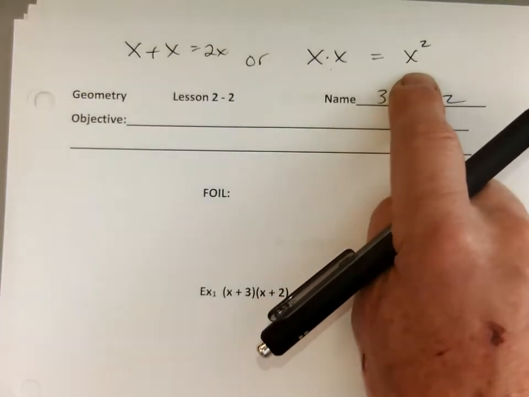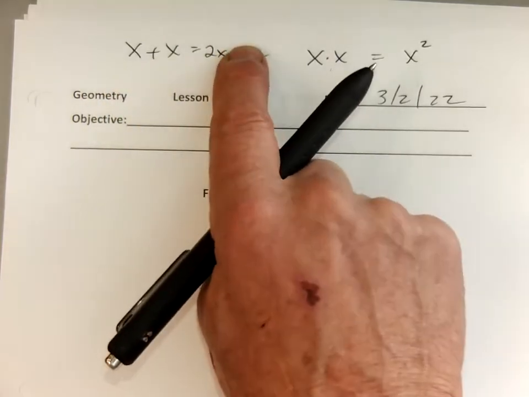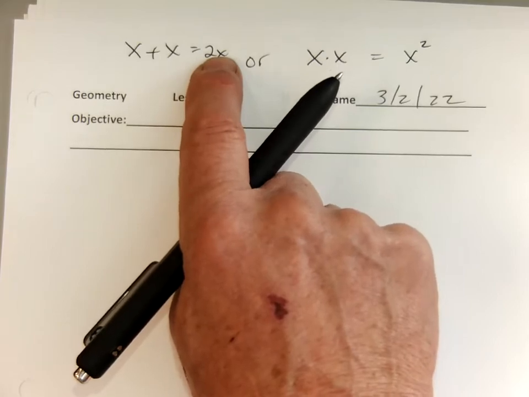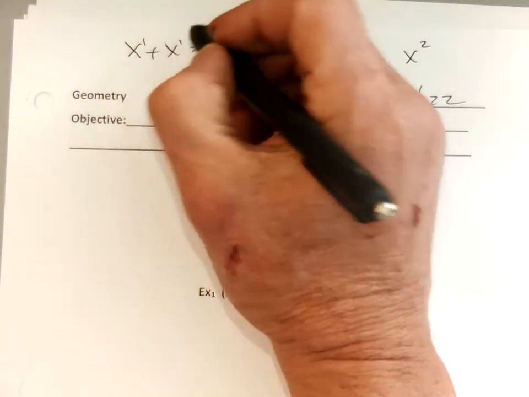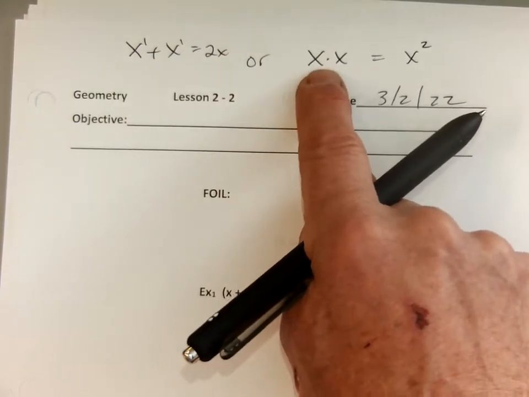So here's what we can think. When we add terms, we don't add exponents. I'll say it again: when we add terms, do not add exponents, because there's an x to the 1 exponent. You only add the ones that are the same. But when we multiply, we do add exponents.